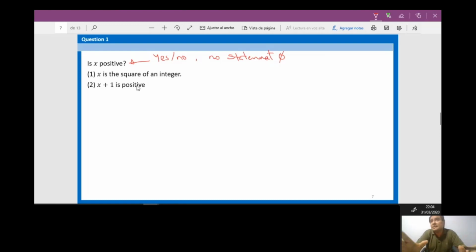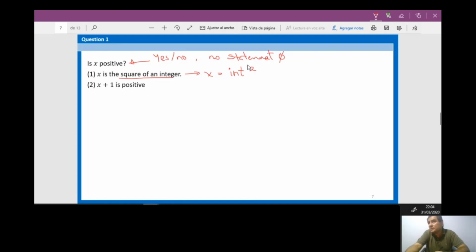It says X is the square of an integer. What does it mean, the square of an integer? Well, if we put this in simple terms, that is telling you that X is a number resulting from multiplying a certain integer by itself. That is an integer up to the second power.